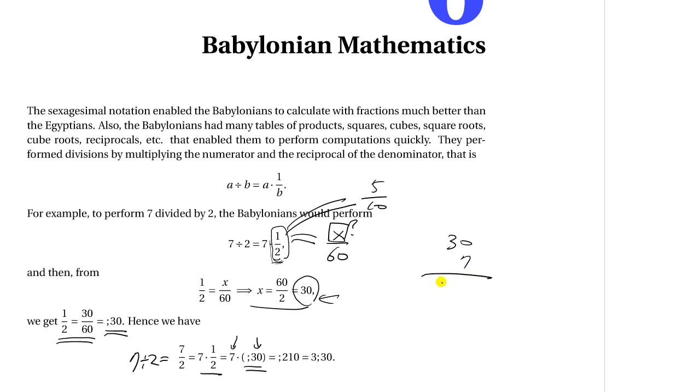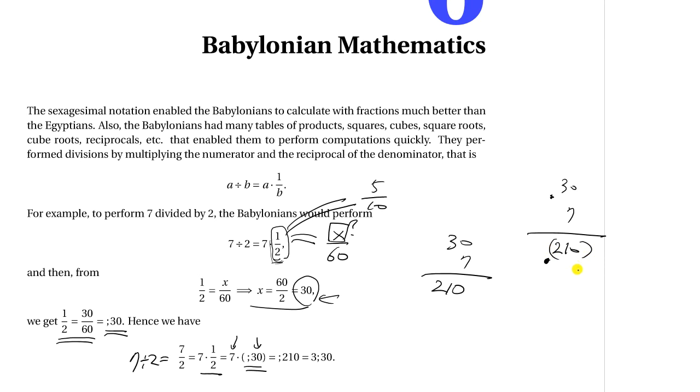So they should get 210. The position of that is 1 after the decimal, the first decimal position. So that's 30 times 7, and we got 210 after the decimal.